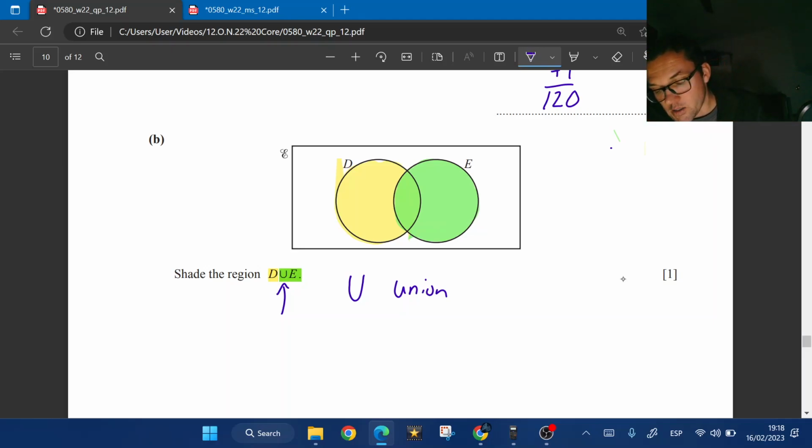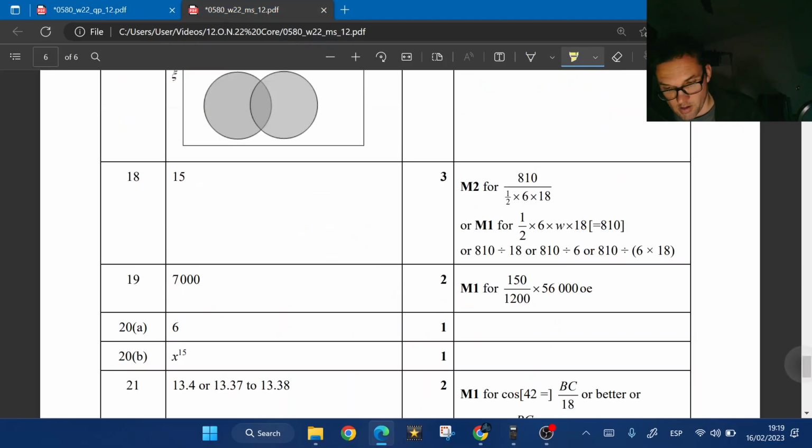If it was intersection, then we would have only kept the part that overlaps, only the middle part. But it's not intersection, so we leave everything shaded the way it is. Okay, that's the correct answer, as you can see in the mark scheme.